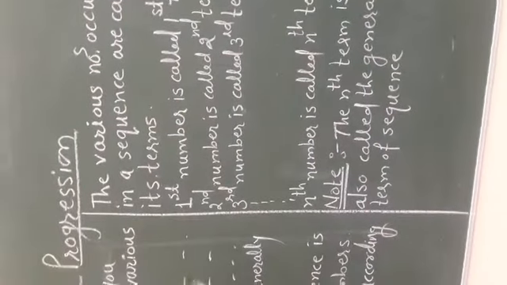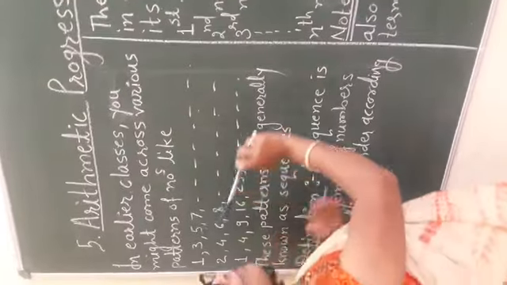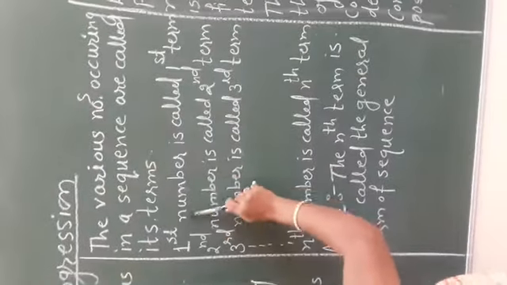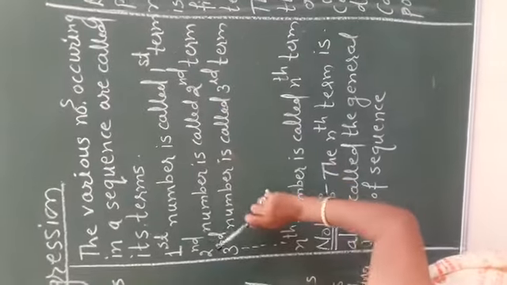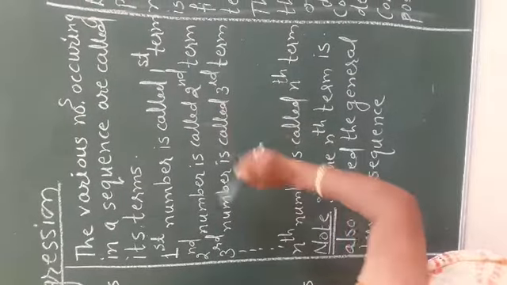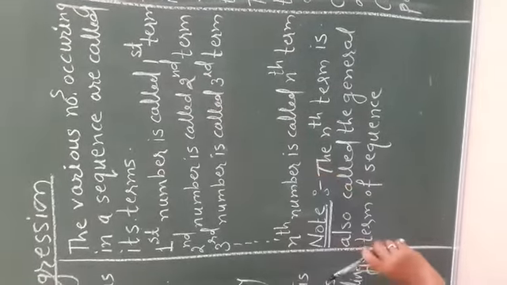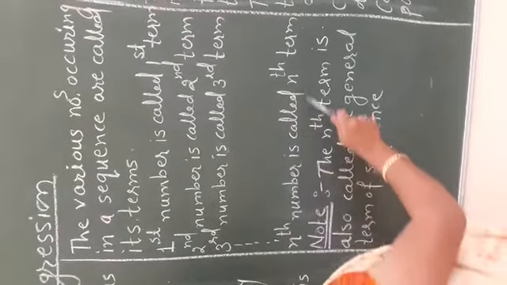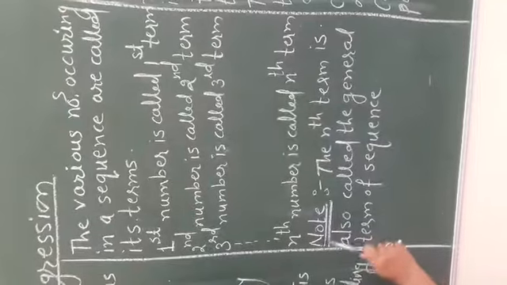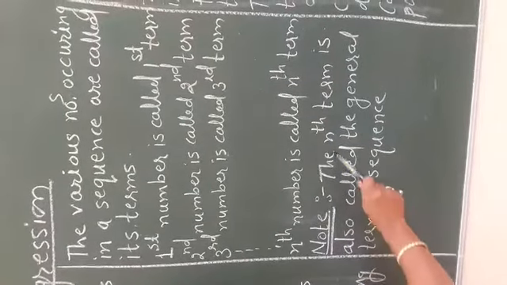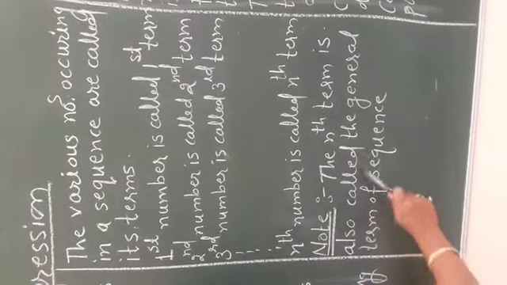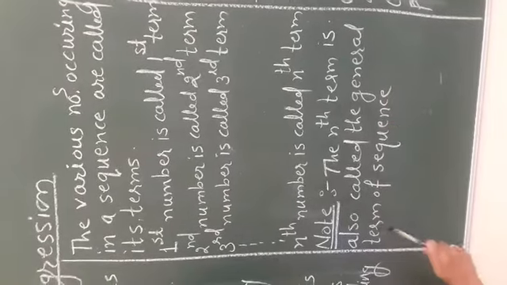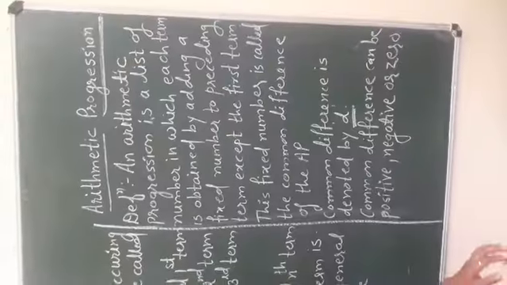Means we can say these first, third, fifth, seventh are the terms. The first number is called the first term, the second number is called the second term, the third number is called the third term. So what about the nth number? The nth number is called the nth term. Now here we have to note down the nth term is also called the general term of the sequence.